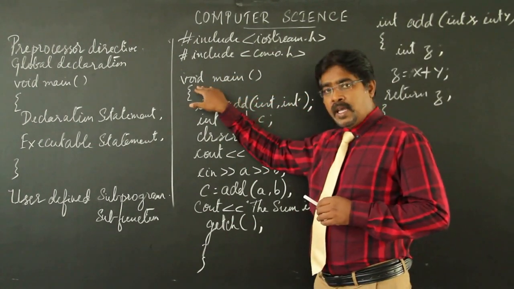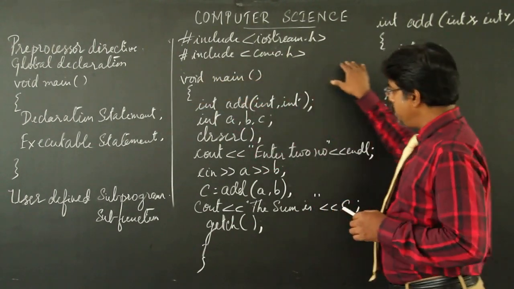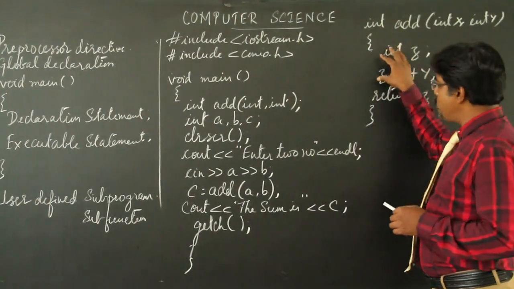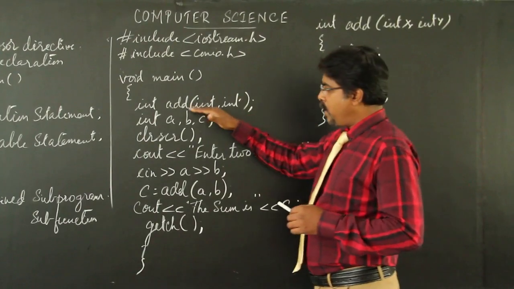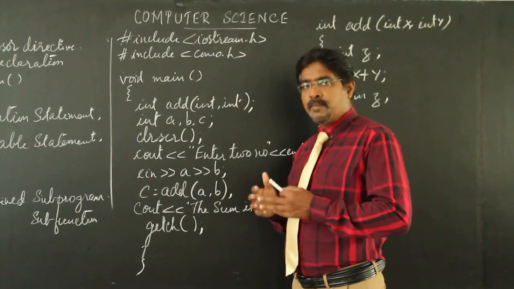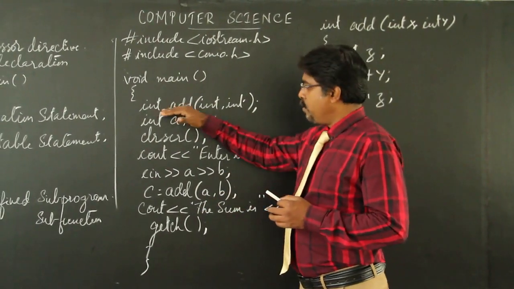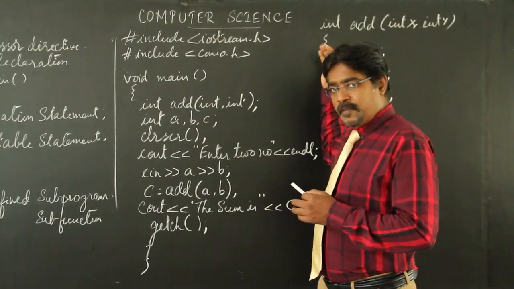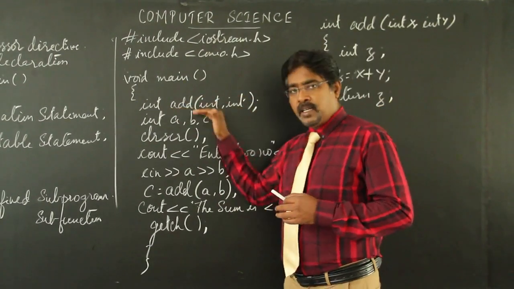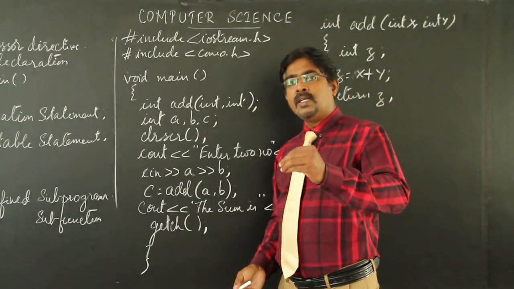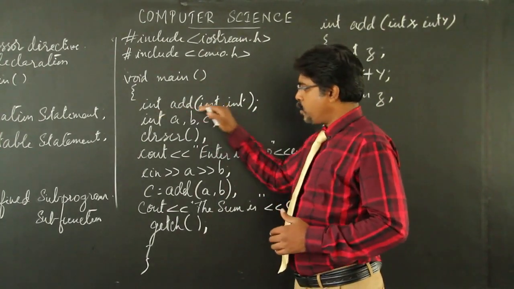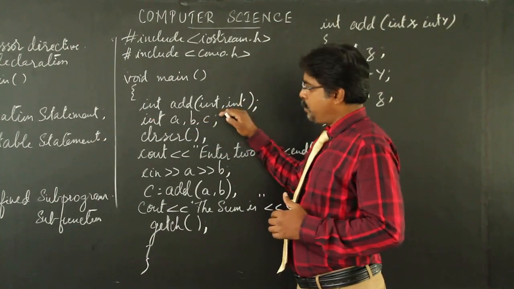Void will not return any value, and here there is a sub function which will be returning an integer value. Based on that, I had taken a sub function to make a comparison. So whenever we use a sub function, we will be writing its prototype. That is, before using any function, we need to declare it. That is called the function prototype. So I have written the function prototype here.